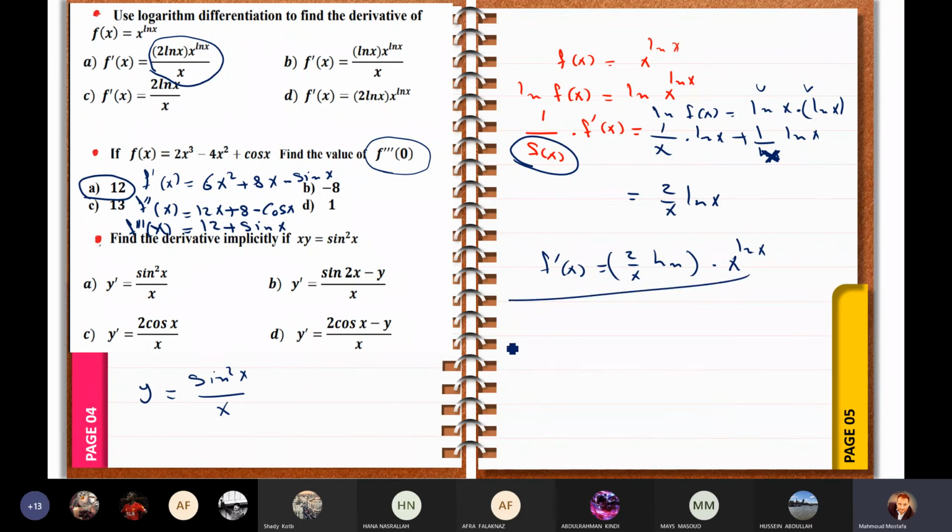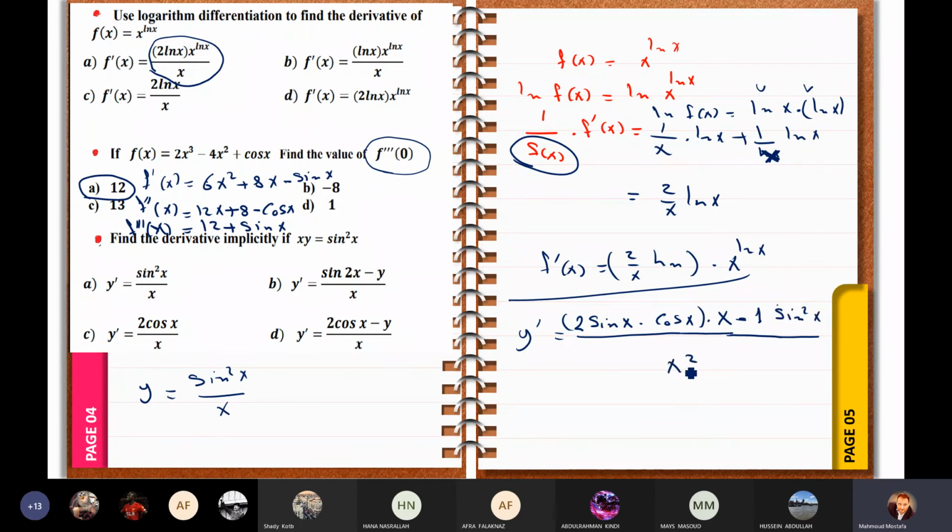So y prime will be u prime, 2 sine x multiplied by cosine x, this u prime multiplied by x, minus v prime, which is 1, multiplied by sine squared x.